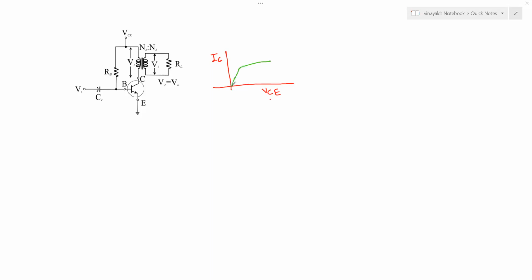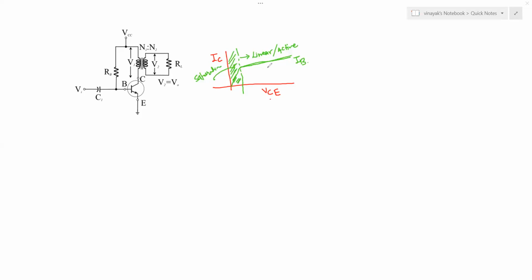It means for a given value of base-emitter voltage, that is VBE1, or rather I would write here, for a given value of the base current, you have this kind of rise in the collector current, and then the collector current saturates. The region to the right of this line is called the linear mode or active mode of the transistor, and the region to the left, indicated by the shaded lines, is called the saturation region of the transistor.